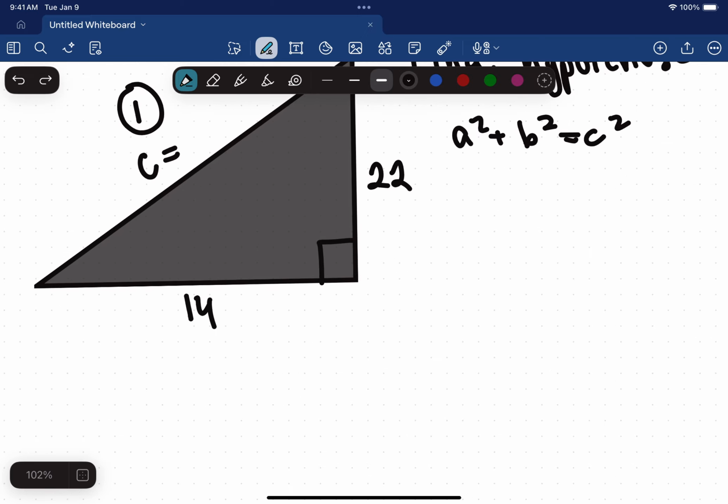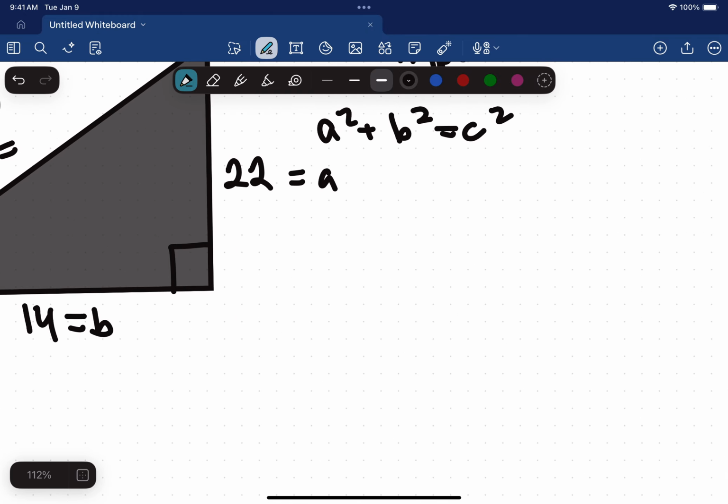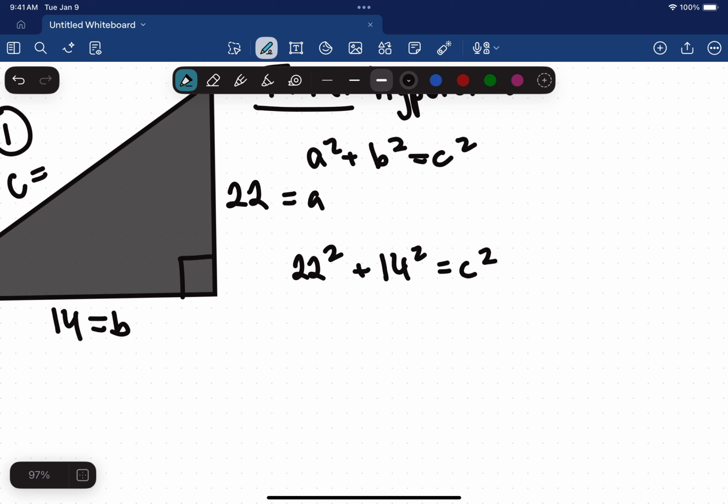I will label 14 as B. I'm going to label 22 as A. Now let's do this together. 22 squared plus 14 squared equals C squared. 22 squared is 484. 14 squared is 196 equals C squared.